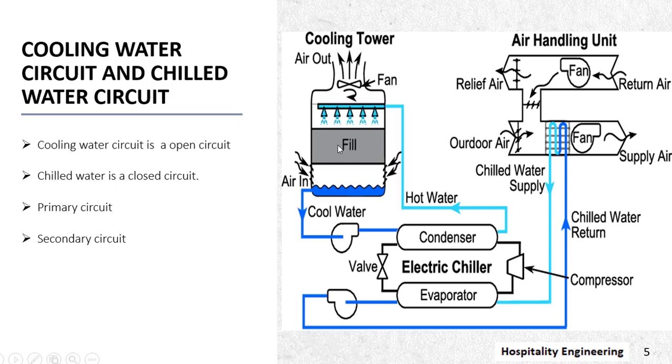While this ambient air passes inside the cooling tower, it crosses all the droplets and mixes with the air. Thus, an adiabatic process is happening inside the cooling tower. The water will reach nearer to the wet bulb temperature.